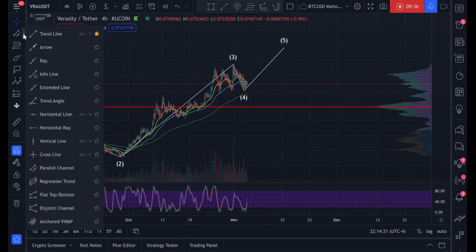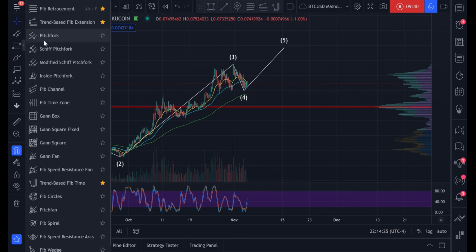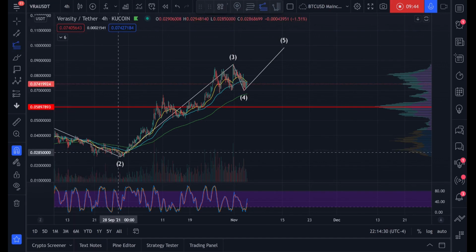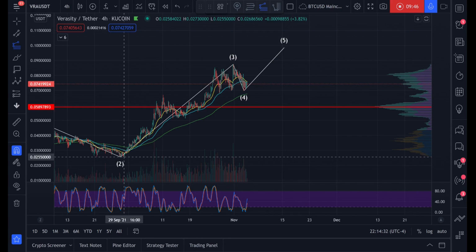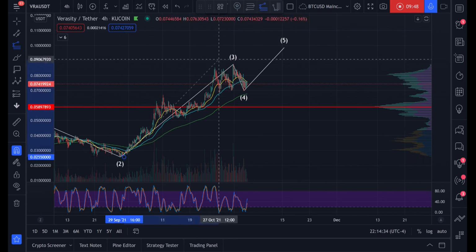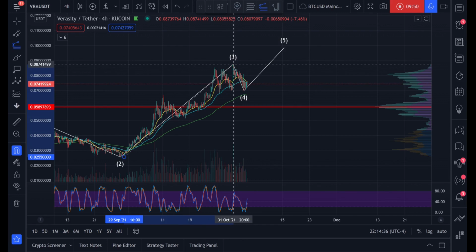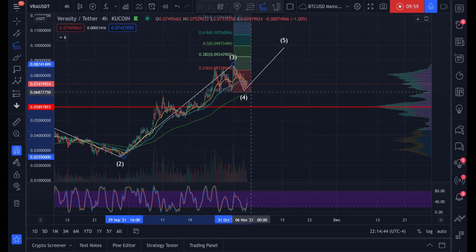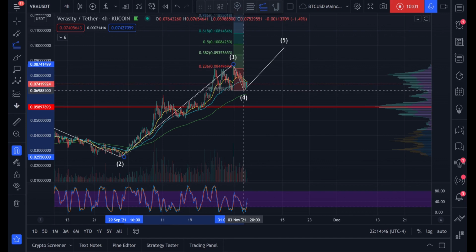And so let's get our Fibonacci projection tool, which is over here, trend-based extension. You click from the beginning of wave 2 to the end of wave 2, which is up here, the beginning of wave 3 to the end of wave 3, down to the bottom of wave 4, which I believe is down here, okay?